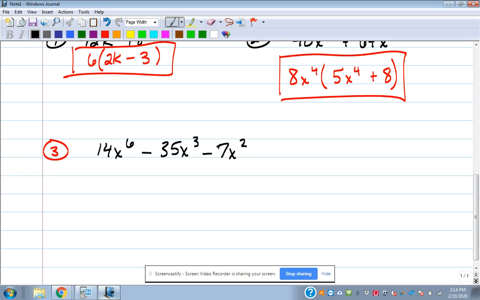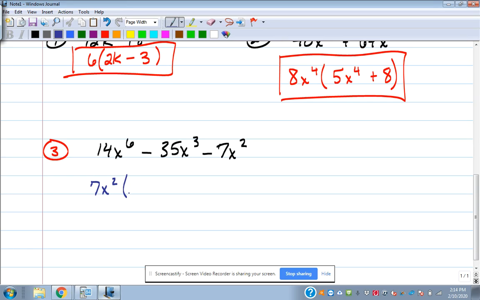All right. Is it in the right order? 6, 3, 2 on the exponents. That's the right order. And then 14, 35, and 7. Do they have a greatest common factor? 7. Good job. Yeah, x squared.